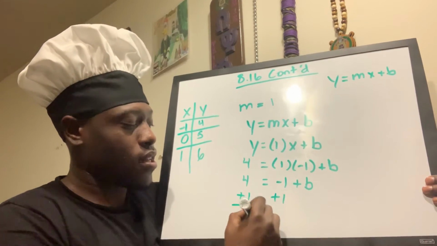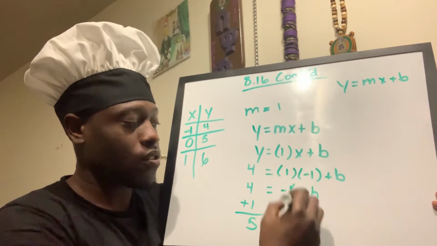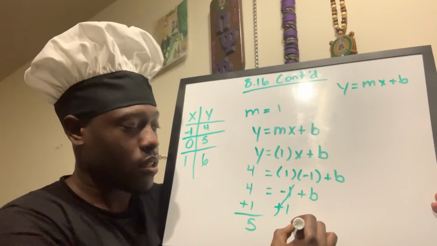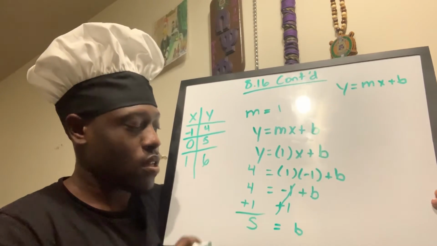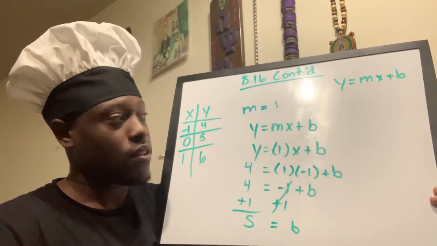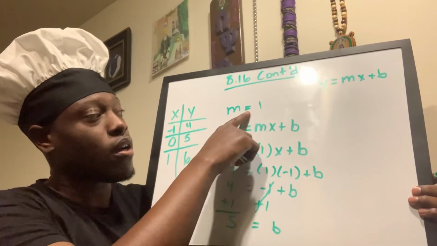Let's draw a line. 4 plus 1 gives us 5. This cancels out. Bring down our b, and don't forget our equal sign. b equals 5.